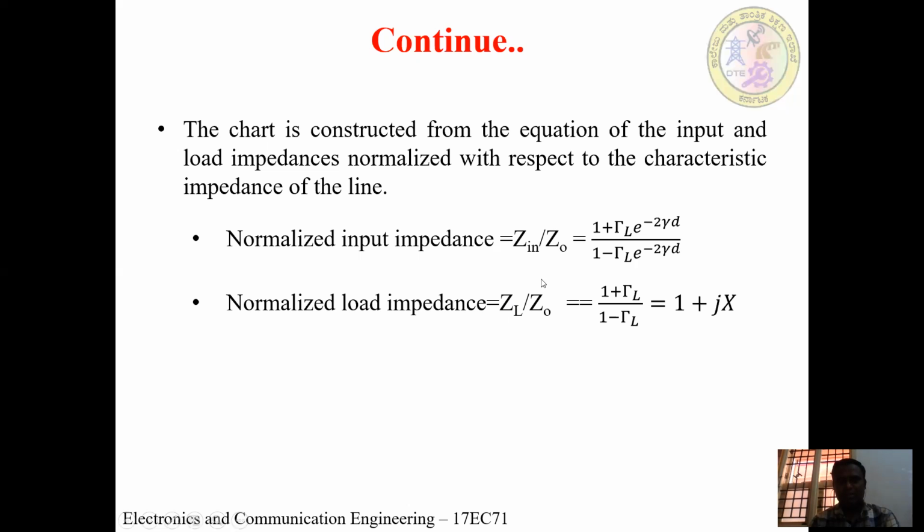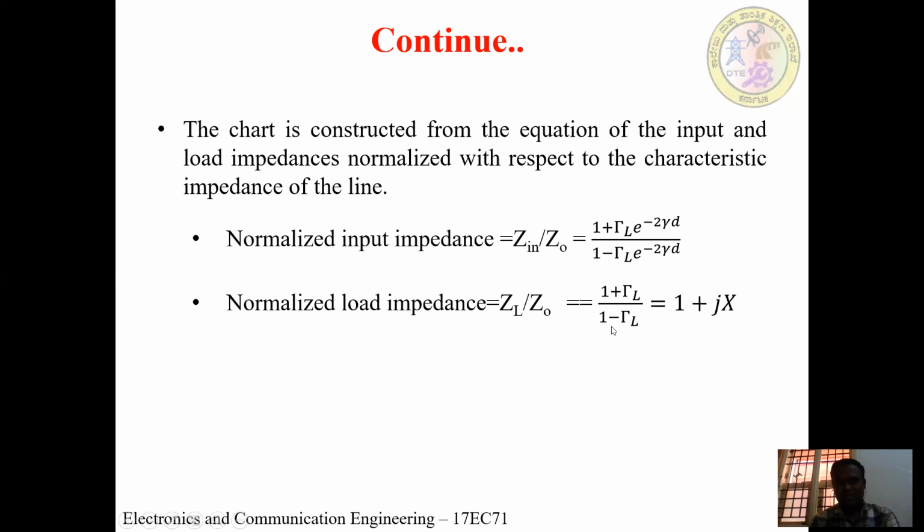ZL divided by Z0 gives the normalized load impedance. So Zin by Z0 will be (1 plus gamma L e to the power of minus 2 gamma D) divided by (1 minus gamma L e to the power of minus 2 gamma D).